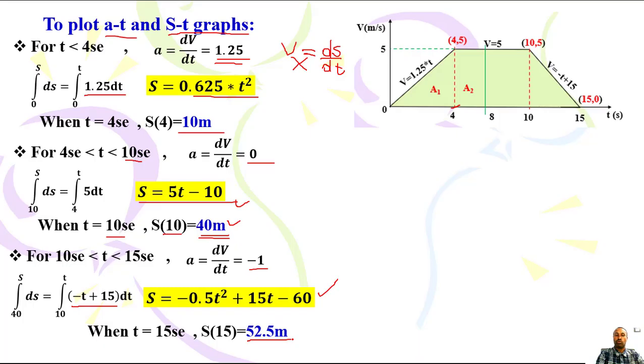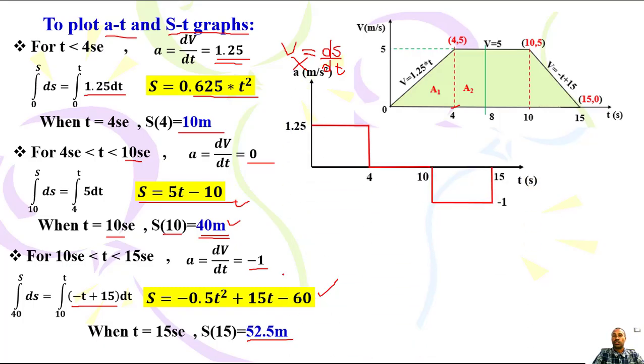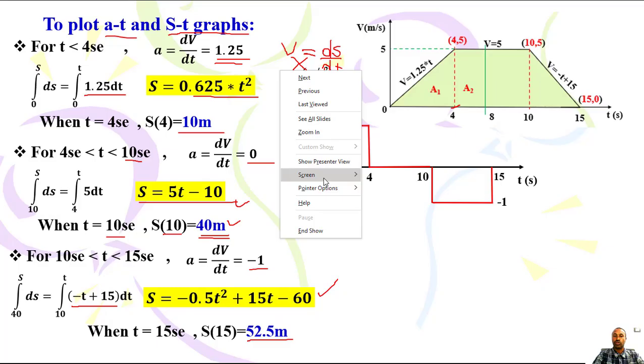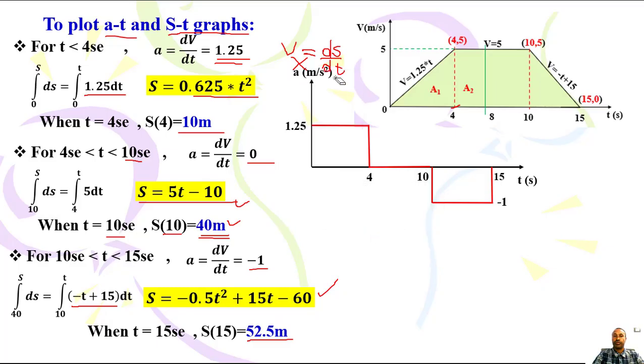So once you have this equation, then you can plot the curve. Then to plot the curve, acceleration versus t, we have the equation. From t from 0 up to 4, you have 1.5 acceleration. So you simply make constant acceleration. Constant acceleration.